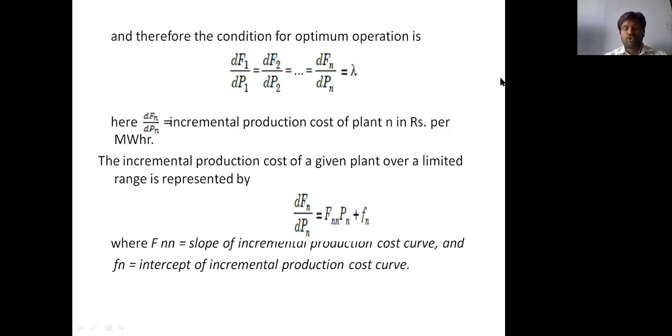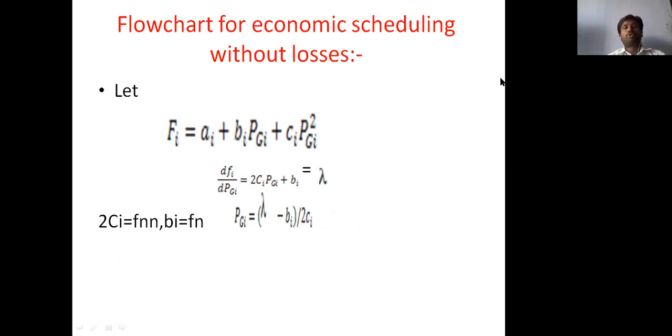This is one. The next topic is the flow chart: draw the flow chart for economic scheduling without losses.